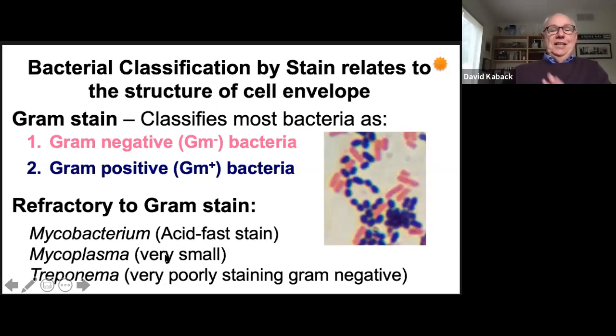And they won't stain by the gram staining mechanism at all, as you'll see when I talk about mycoplasma later. And then there are treponema, which are really gram negative, but they stain pretty poorly with the gram stain. So they're very hard to see even with safranin, but they still really are classified as gram negative if you're asked.